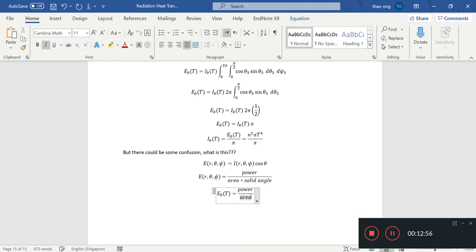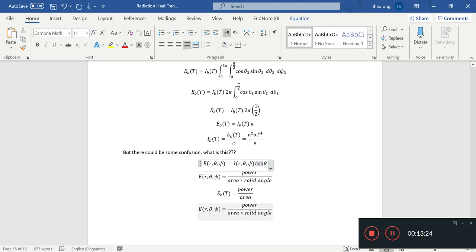There's no solid angle being taken into account, so direction is not important in here. So what is this power per unit area per unit solid angle? It is this IR, this intensity, times cosine theta.